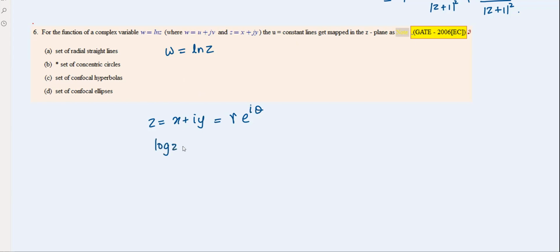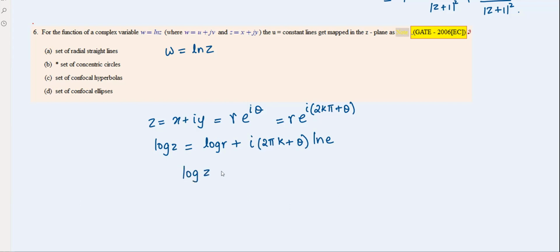Now log Z is equal to log R plus log of e power i(2k pi plus theta), so I'll get i times (2k pi plus theta) times log e.